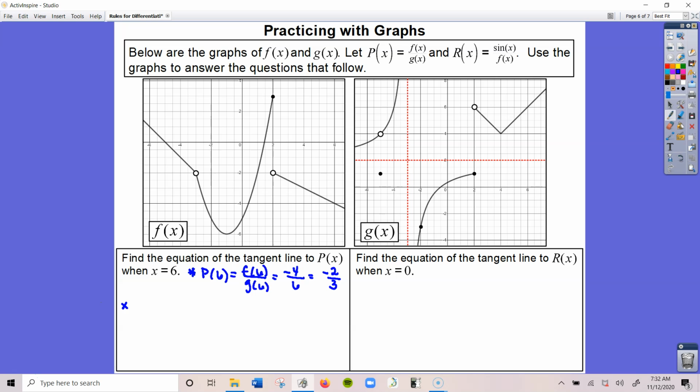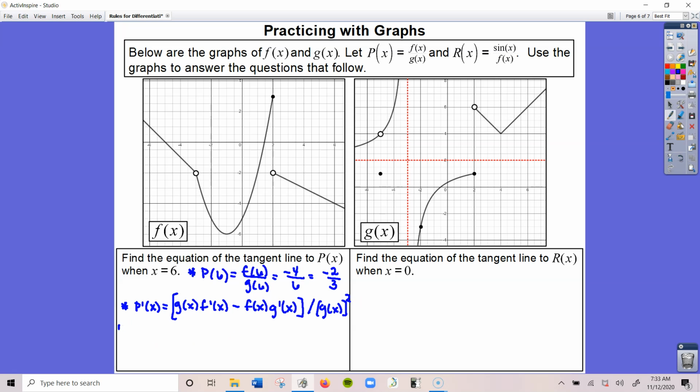Now we're going to find the equation for the derivative of p of x, so that way I can find my slope. So p of x is just f over g, so the derivative would be g of x times f prime of x minus low d high less high, so f of x times d low, which is g prime of x, and everything is over g of x squared.